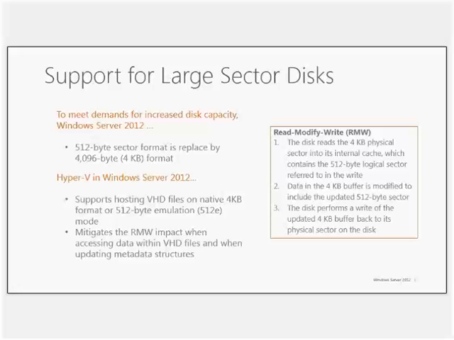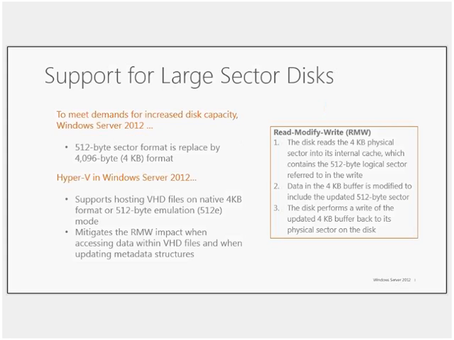The next thing we've got here is support for large sector disks. So we meet the demands of increased disk capacity. We're moving from the 512 byte sector format to the 4 KB format. So we get a lot of benefits in the read, modify, write when writing to disk, and the buffers that are handling that, and also the cache and all these other things that we add in there.